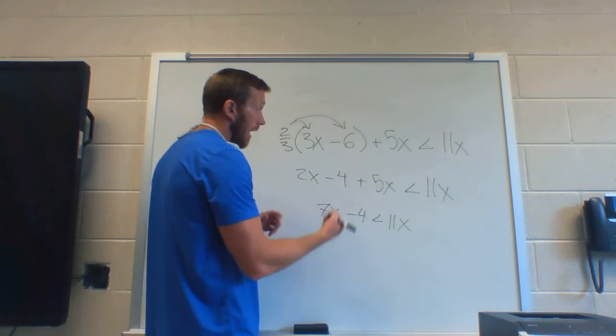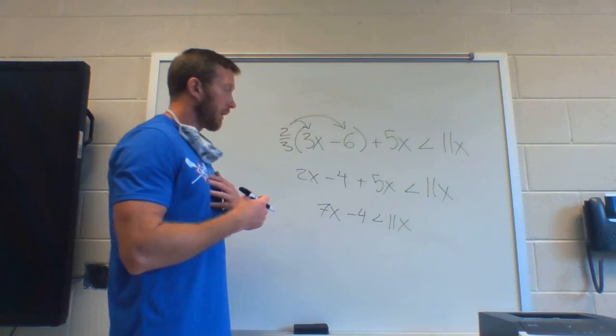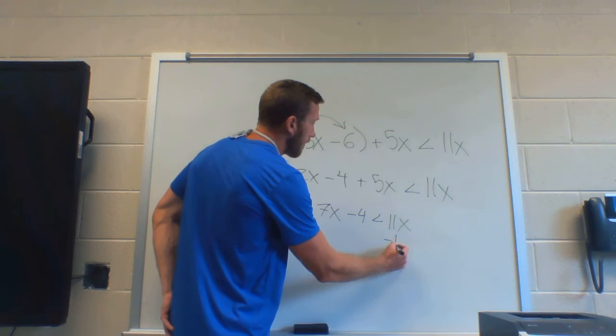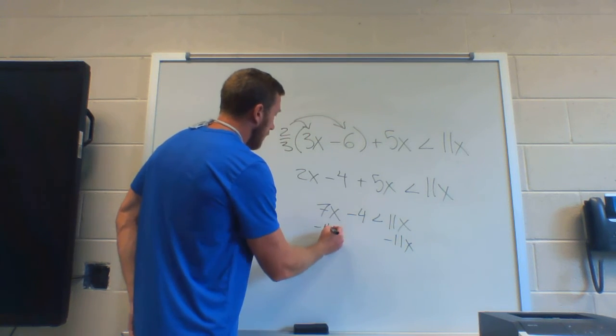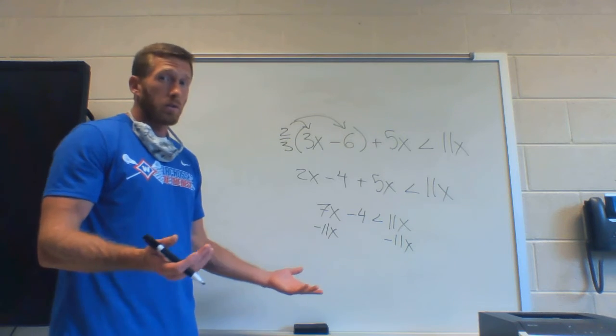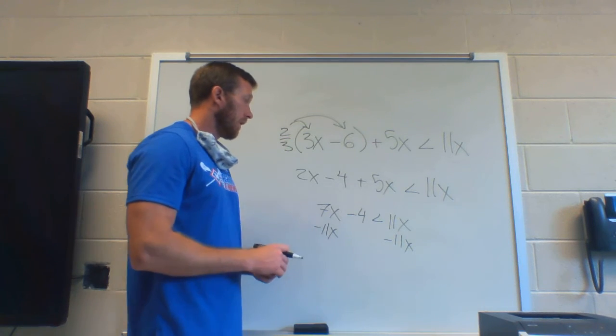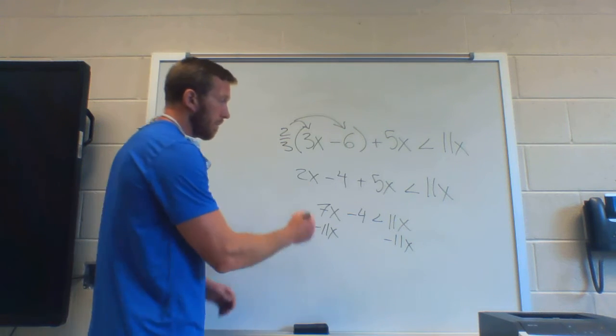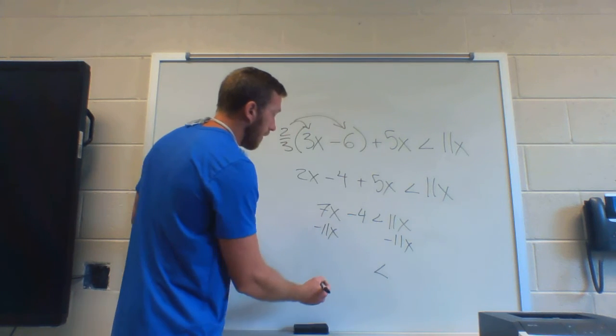Now, I love this problem. I created it for a reason, because I want you to see what happens when you move the 11x over. I'm not saying this is the best way to do it, or that you have to do it this way, but I know some people will, so I wanted to highlight that. When you move the 11x over by subtraction, keep in mind, the symbol does not flip.